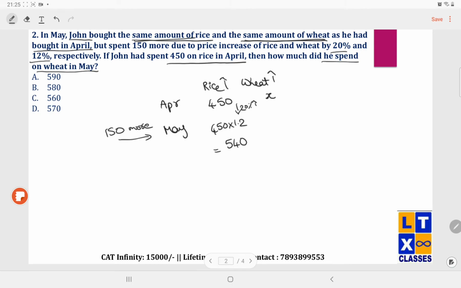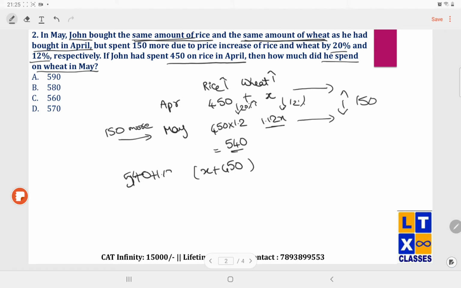If we assume wheat cost is x, and since it has gone up by 12%, this should be 1.12x. What we also know is the difference of the total cost in April and total cost in May is 150. The total cost in April is x plus 450. The cost in May is 540 plus 1.12x.